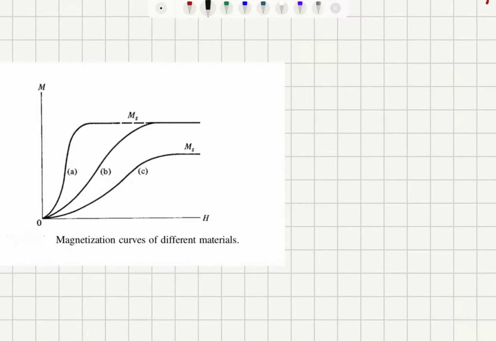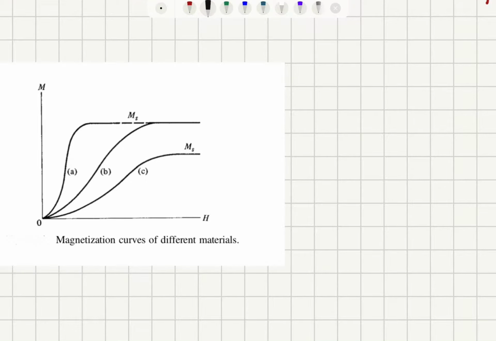We see that some materials will require a relatively small amount of magnetic field to reach the saturation magnetization, and some materials would require a much larger magnetic field to reach the saturation magnetization.